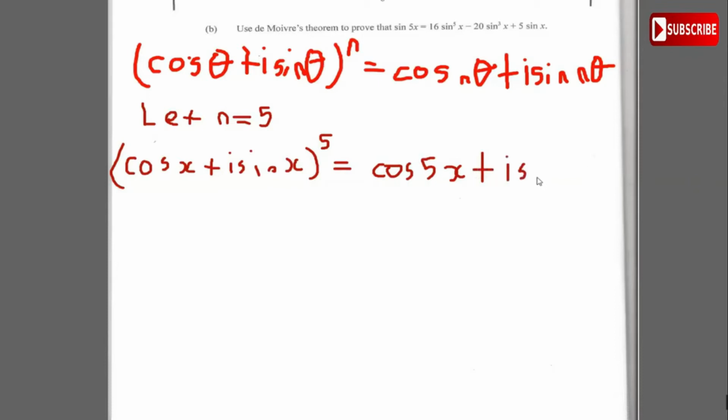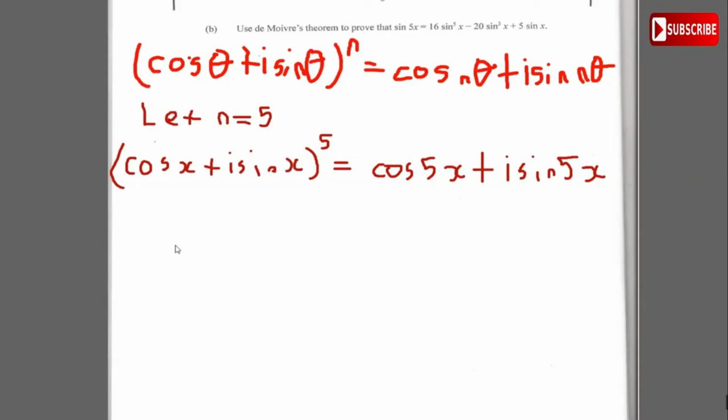Now, the part that we really want to show is that this sine 5x right here is the imaginary part. We need to show that the imaginary part is equal to this expression over here. In order to do this, we need to expand the left-hand side. To expand it, we remember Pascal's triangle for the 5th power.